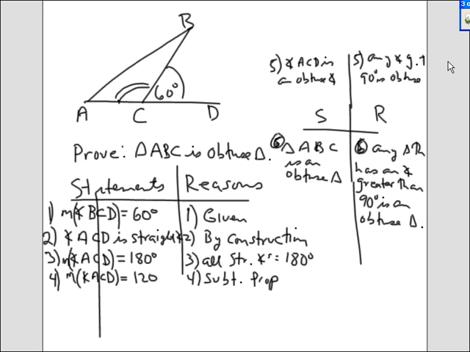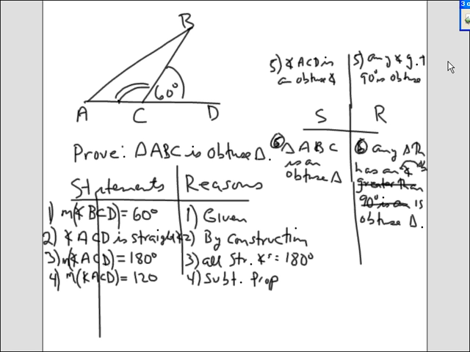Any triangle that has an obtuse angle is an obtuse triangle.